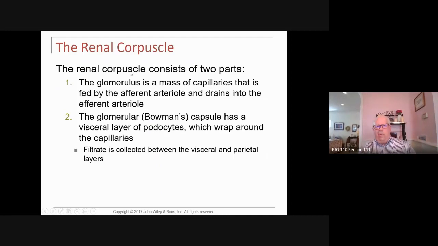The other part of the corpuscle is what we call the capsule, otherwise known as Bowman's capsule. In Bowman's capsule, there are outpouches called podocytes. Podocytes look like fingers that wrap around the capillaries, and this is where blood is filtered. This is where the filtrate is collected, between the visceral and parietal layers of Bowman's capsule.